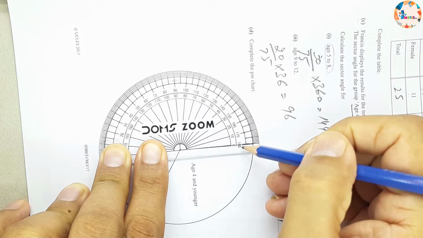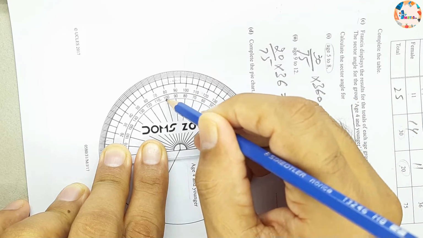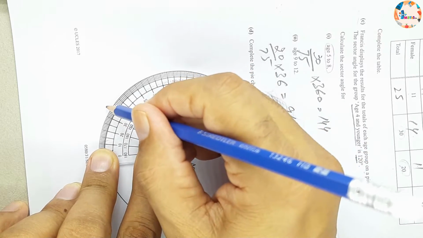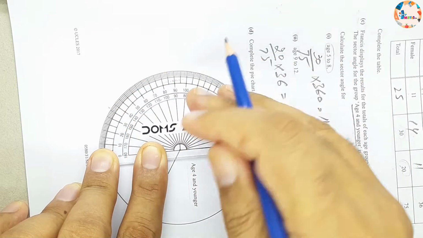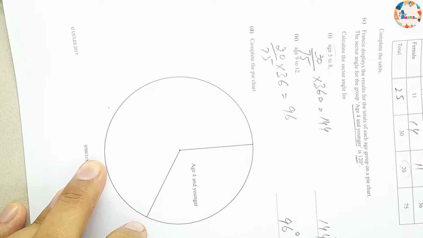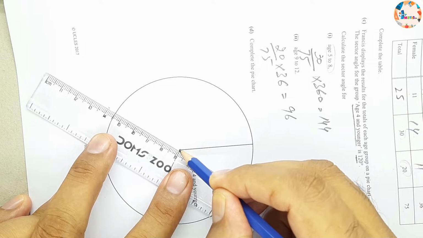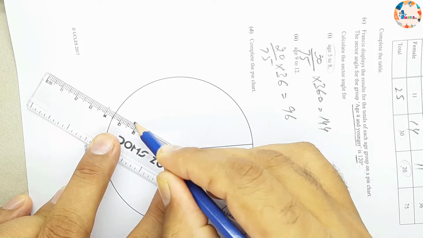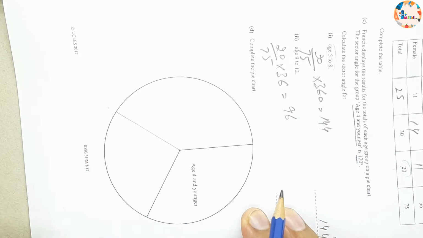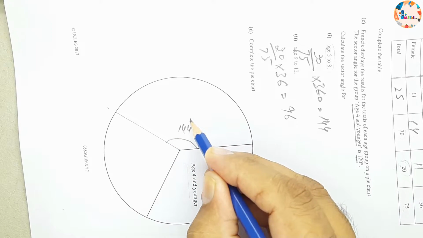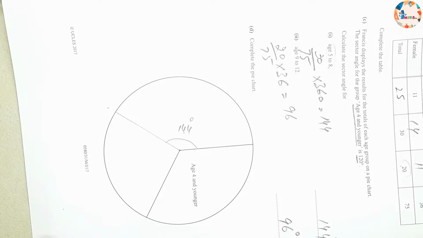The 0 line is this one. 100 is this, 140 this one, 144 will be up to this one, so we can draw the line. 144 up to this one, so we can mention over here this is 144 degrees.